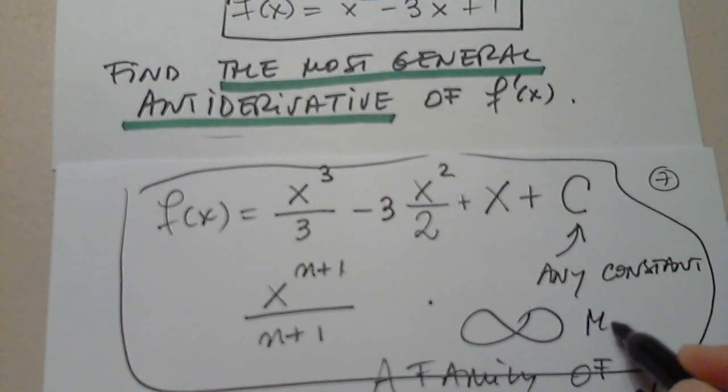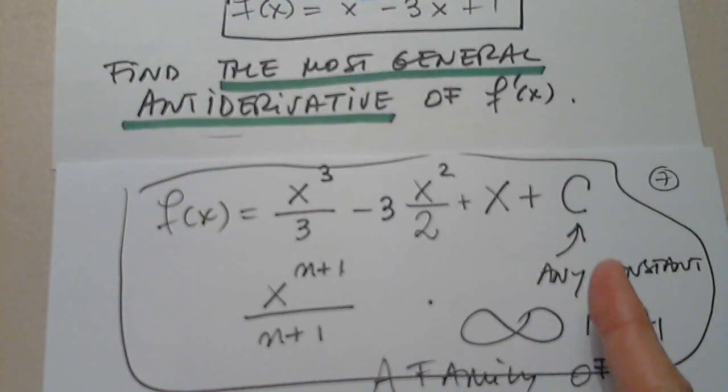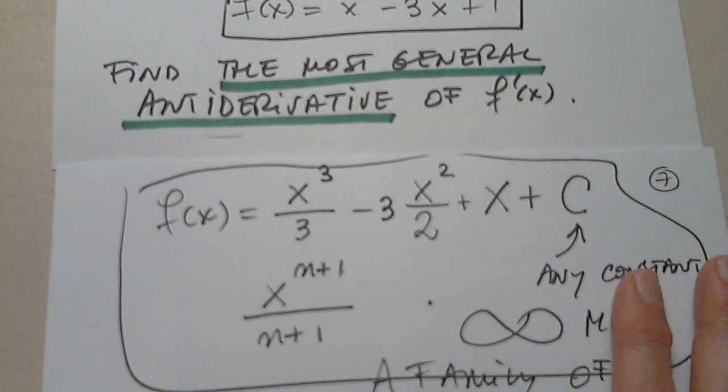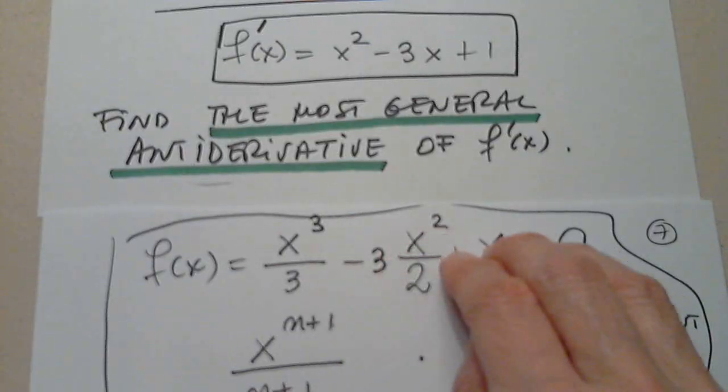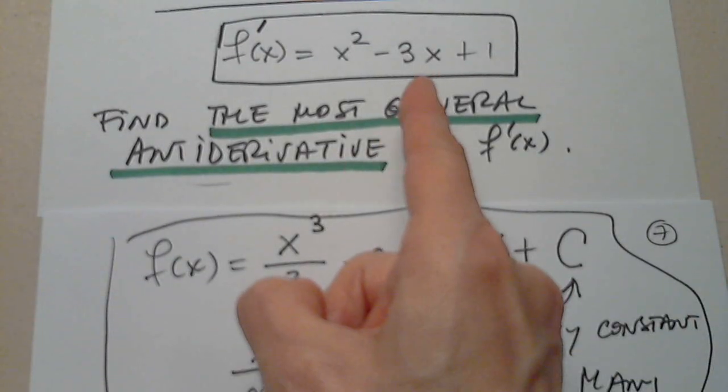Infinitely many functions. Infinitely many. Why? Because c can be 0, c can be 1, c can be negative 3, c can be 10,000, c can be 1,000,000, c can be negative 1,000,000. It doesn't matter. When I differentiate everything, I always get that function.